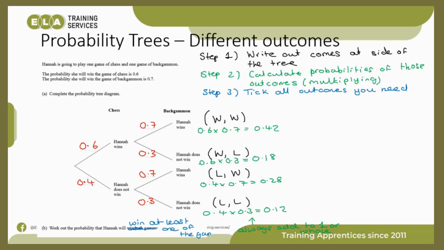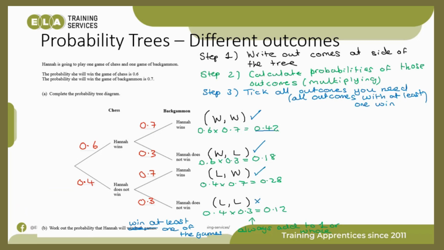So what you do is you look for all the outcomes with at least one win. Now, if that said lose at least one of the games, you'd look for all the outcomes with at least one lose. So win-win has at least one win, so we can tick that. Win-lose has at least one win, and lose-win, but lose-lose doesn't.